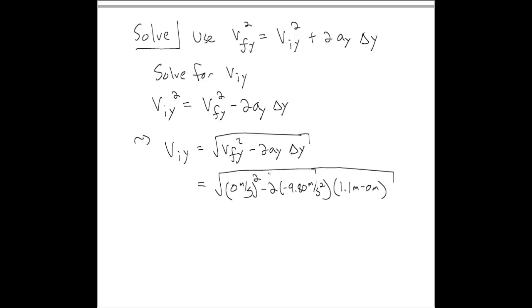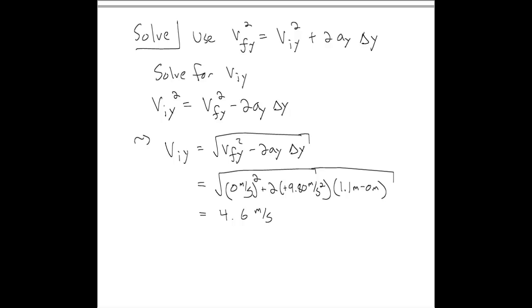The 0 meters per second squared is just 0. Notice that there are 2 minus signs here, so they cancel to make a plus sign, so that everything inside the square root is positive, which is good. We don't want an imaginary velocity. I think that might be bad. And to choose significant figures, we get that the initial y velocity is 4.6 meters per second.